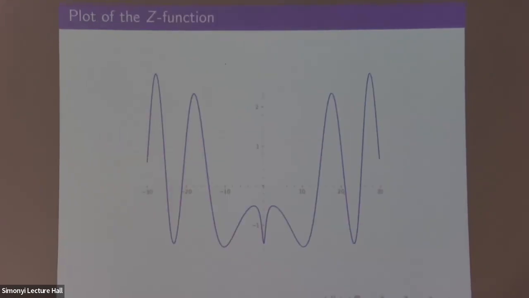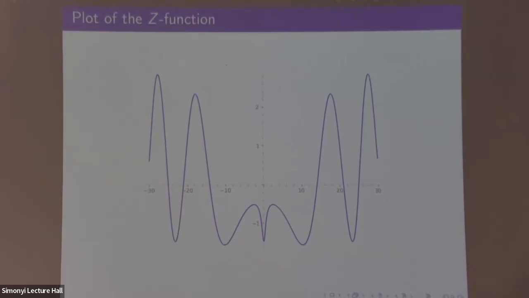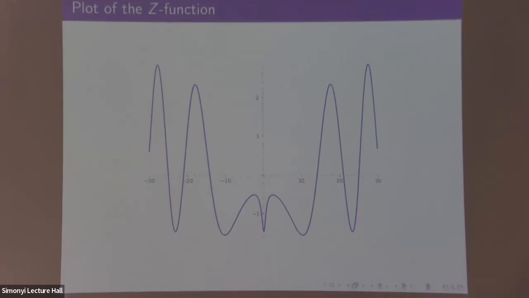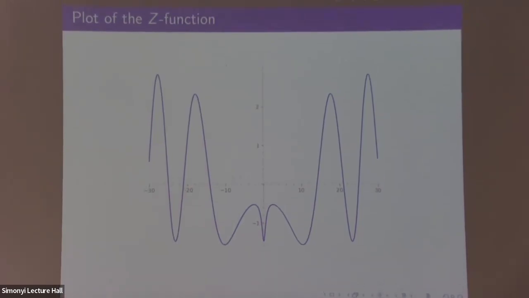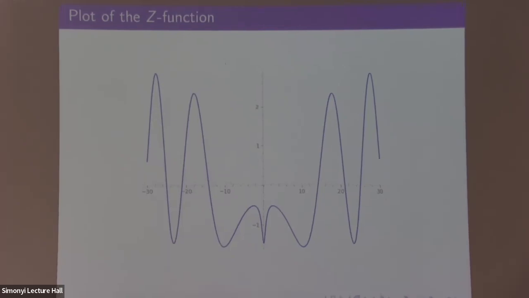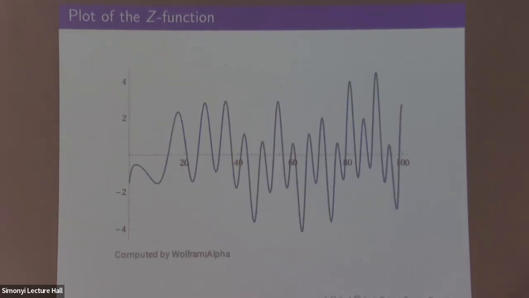I've found a plot of the Hardy Z function. This is a function that's real valued, and it has the same absolute value as zeta. This one is up to 30, and then this is up to 100.